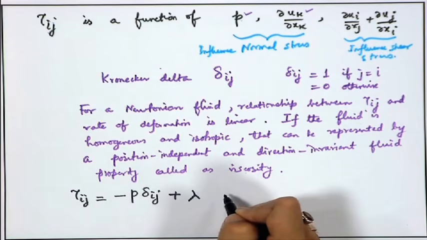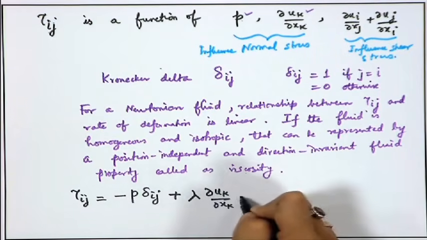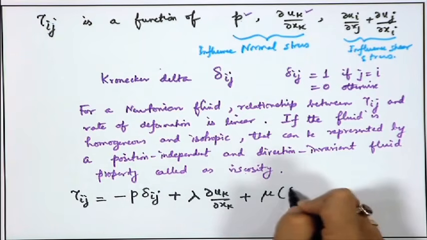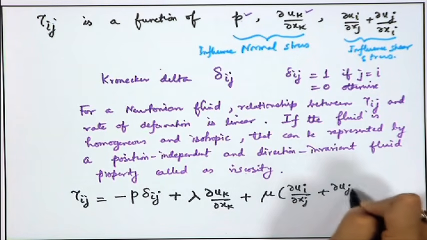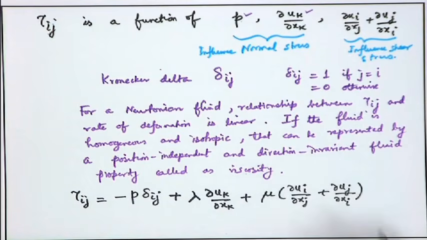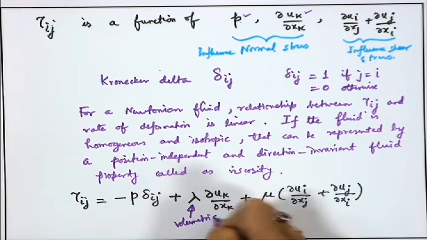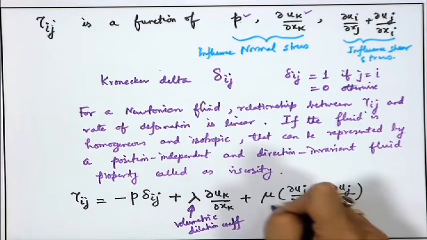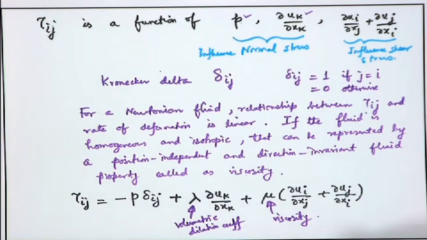So, we put a dilation coefficient lambda, the volumetric dilation coefficient, plus mu, and this mu is viscosity. This is the generalized Newton's law of viscosity.